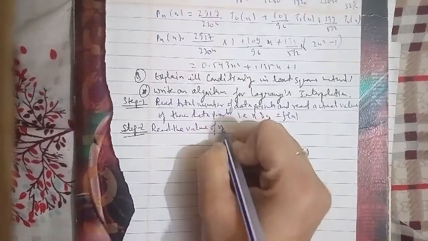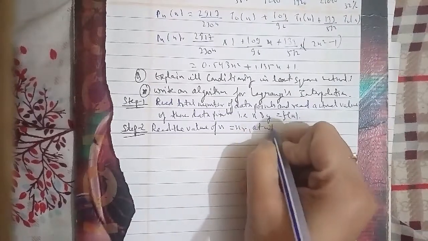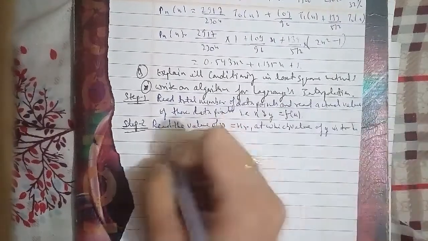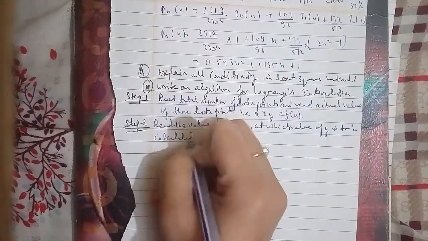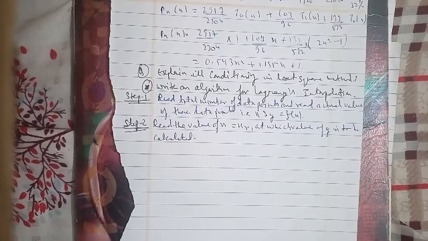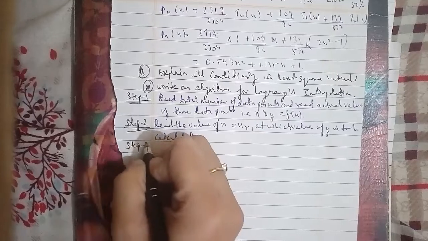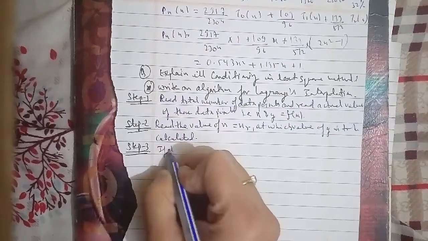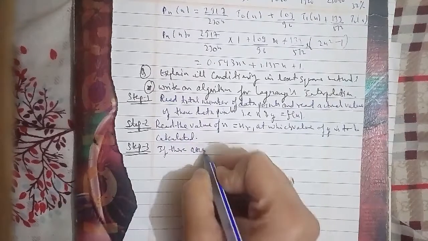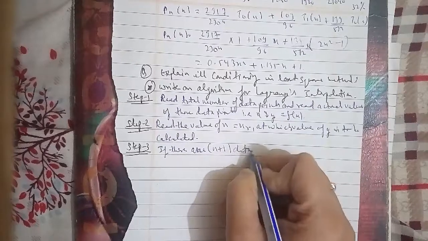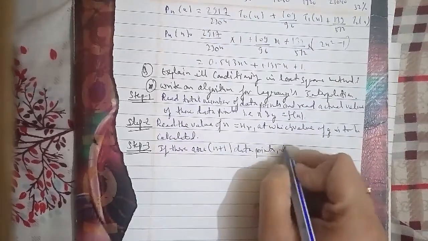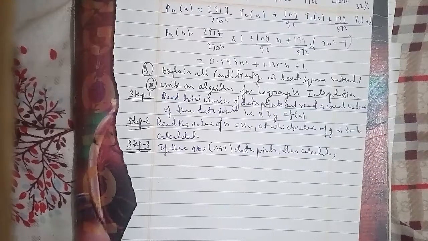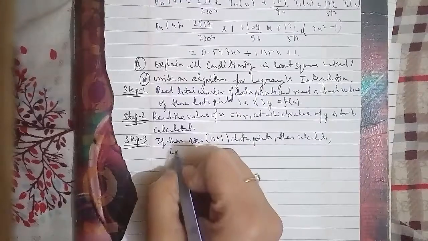Now for step 3, if there are n plus 1 data points, then calculate Lk(x) equals to the product for i equals to 0 and i not equal to k of (xr minus xi) upon the product for i equals to 0 and i not equal to k of (xk minus xi).